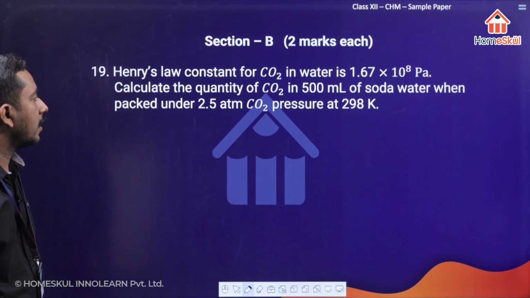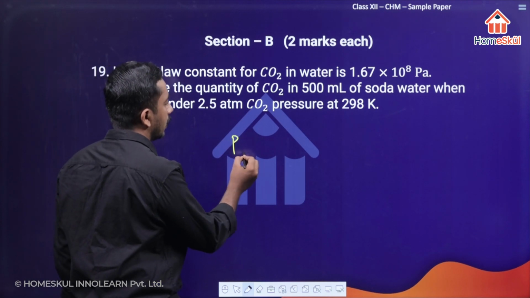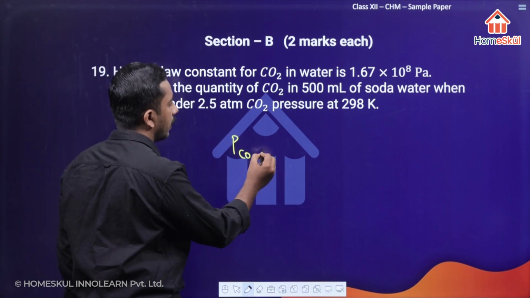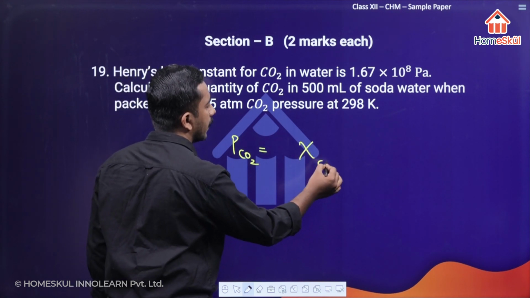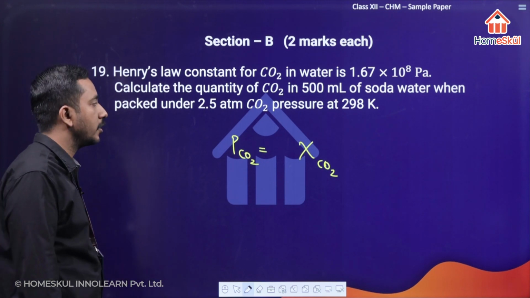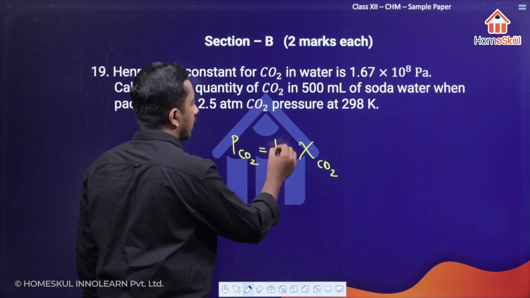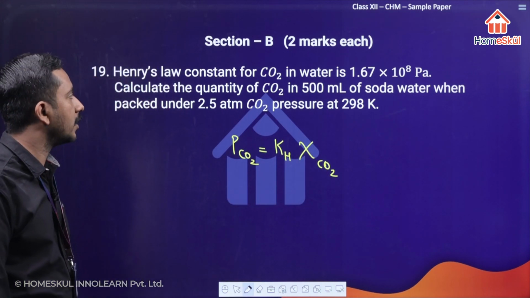Right. So we can start off with the equation of Henry's law, which states that the partial pressure of the component is going to be proportional to the mole fraction of the same component, in this case that is carbon dioxide, which is going to be present in the solution. So that is where the Henry's constant Kh comes in.